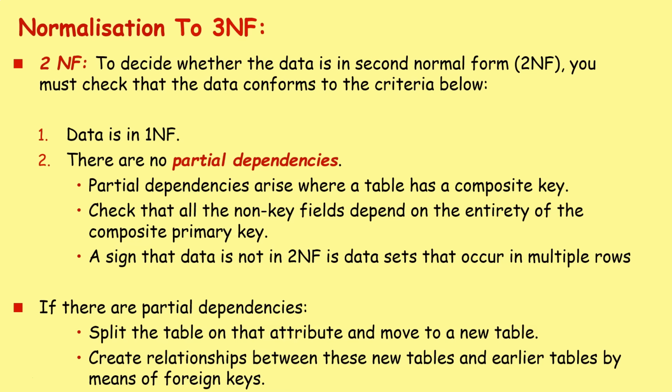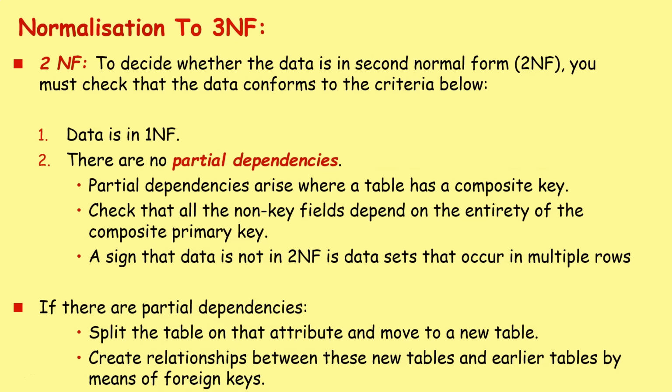Second normal form. To decide whether data is in second normal form, 2NF, you must check the data conforms to this criteria. First of all, the data should be in first normal form. And then 2, there should be no partial dependencies. Partial dependencies arise where a table has a composite primary key.